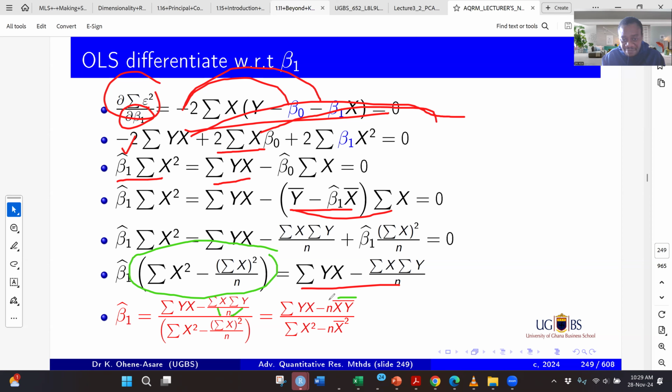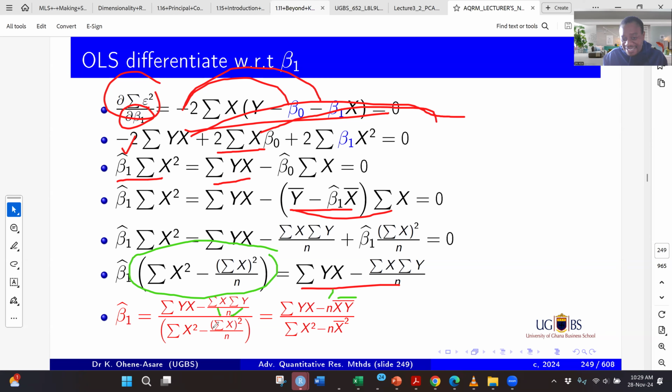But where is this n coming from? Okay, now watch this. You have this sigma x square, okay, minus sigma x square. This sigma x square, if you look at it, is sigma x over n, or better still, sigma x all over n.